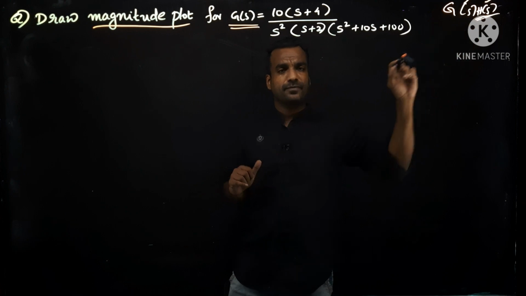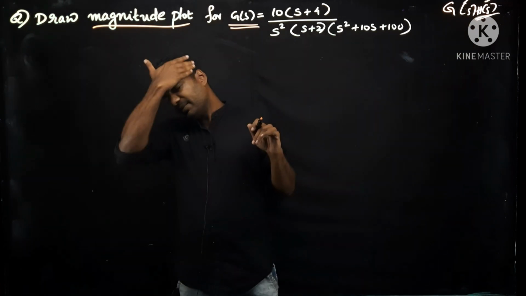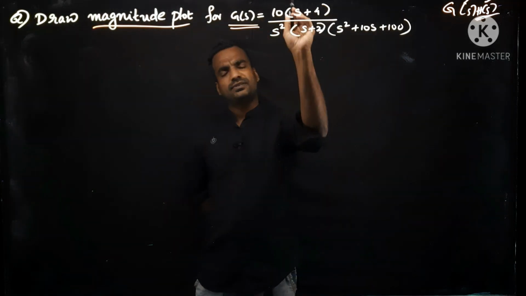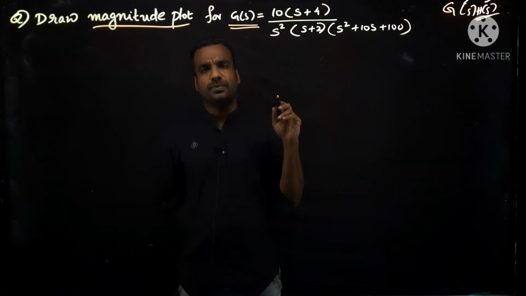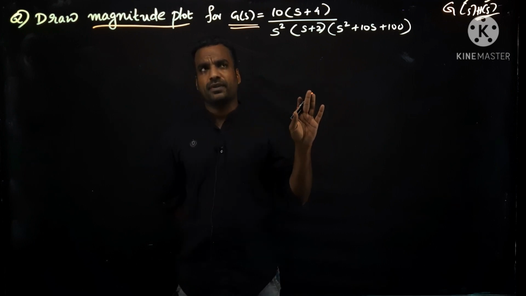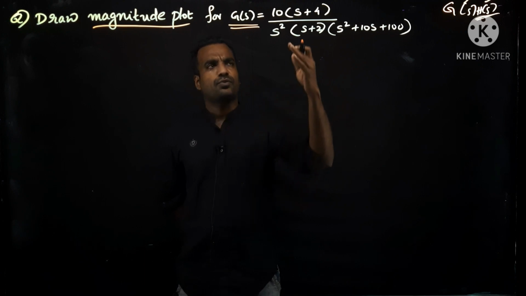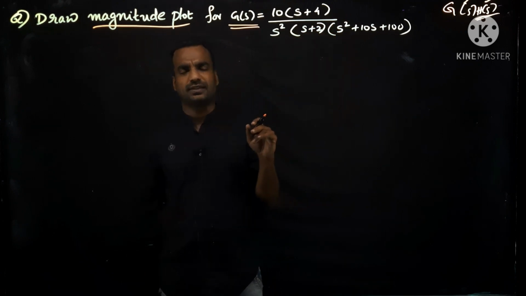Then only we can correlate between open loop and closed loop. So don't think much about this. It is also possible to find the Bode plot for G of s, or for G of s H of s, that is also right. If the question gives G of s H of s, don't get confused. It is the same. You have to do the same procedure itself.